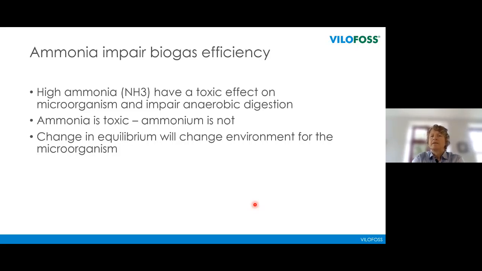And where ammonia is toxic, ammonium is not toxic. So if we are able to shift the equilibrium from ammonia to ammonium, we have also changed the environment for the microorganisms.